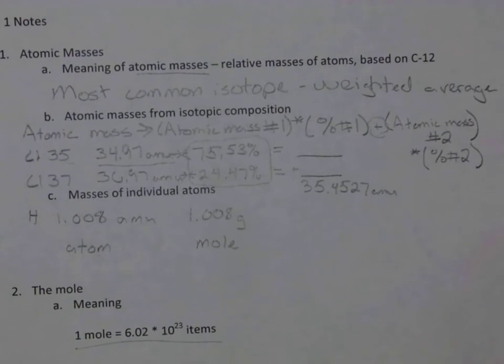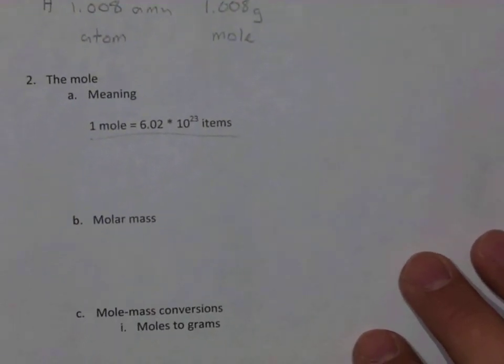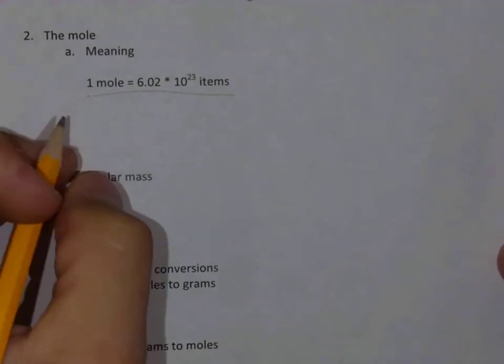We got to go down here. Okay? So our next piece is all about the mole: 6.02 times 10 to the 23rd items. It doesn't matter what it is, a mole of whatever is always 6.02 times 10 to the 23rd. It can be atoms, molecules, tables.